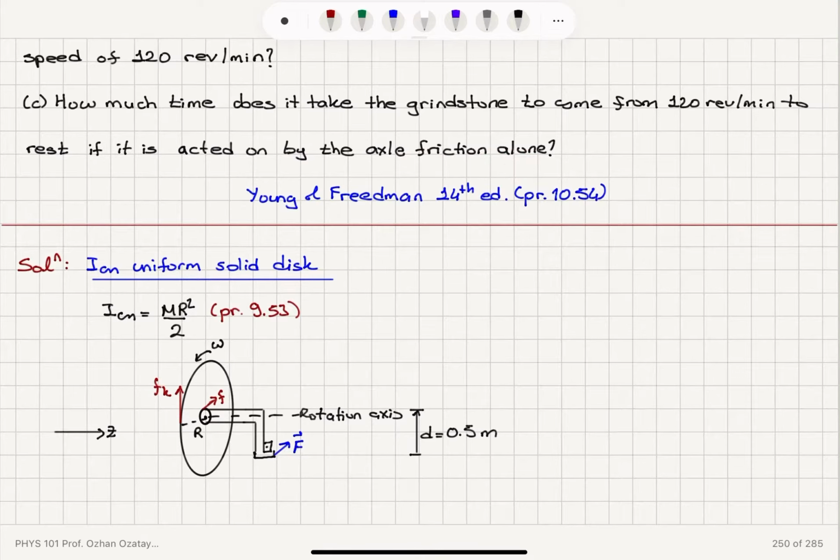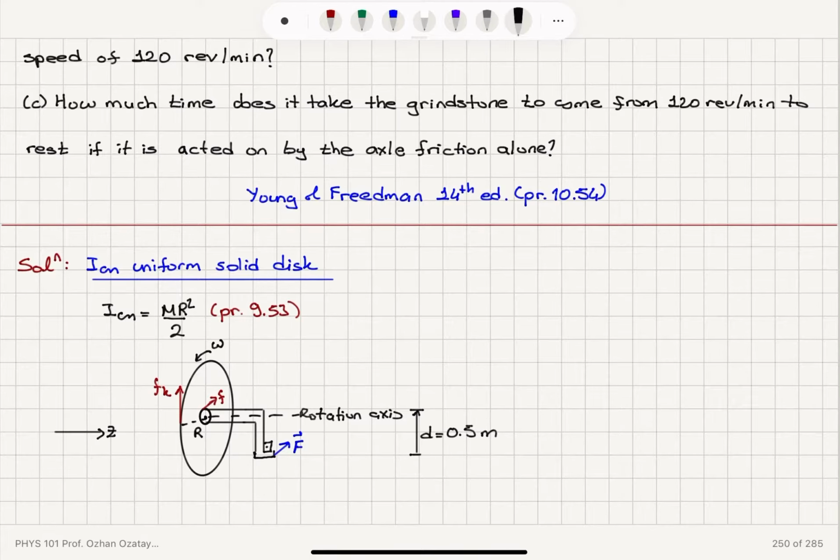Okay, so first of all, our grindstone is a uniform solid disc, and we know the moment of inertia for rotations about the center of mass is mr squared over 2. That's from problem 9.53.